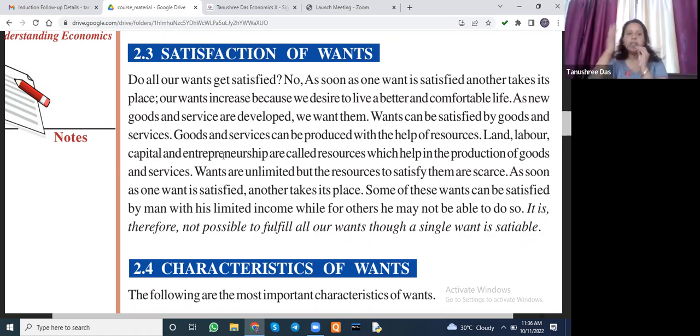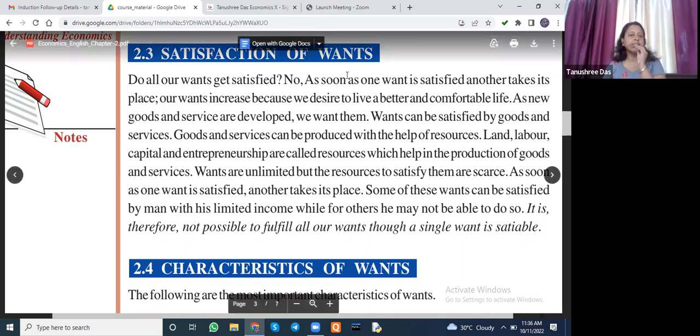So do all our wants get satisfied? No. As soon as one want is satisfied, another takes its place. Our wants increase because we desire to live a better and comfortable life. As I told you in the beginning, our wants cannot be satisfied and cannot be limited.